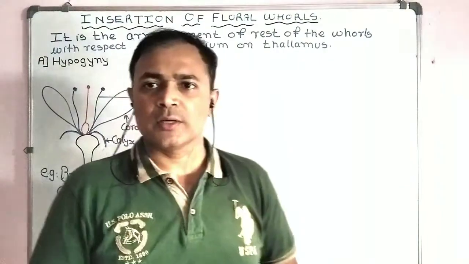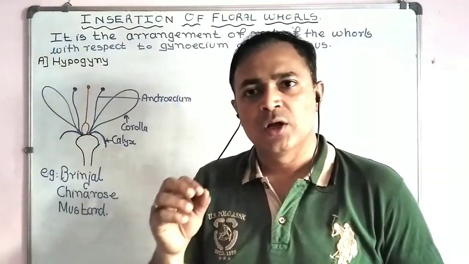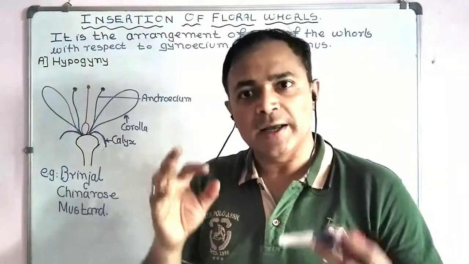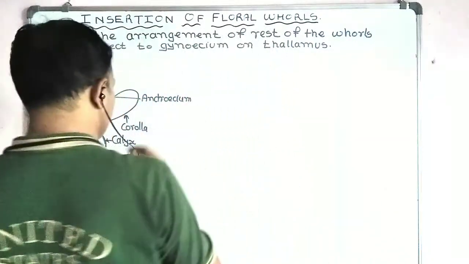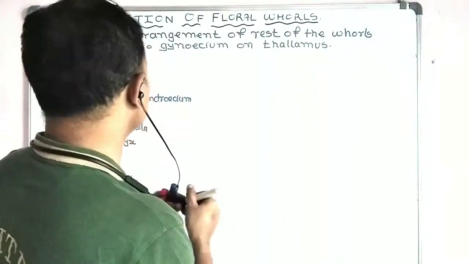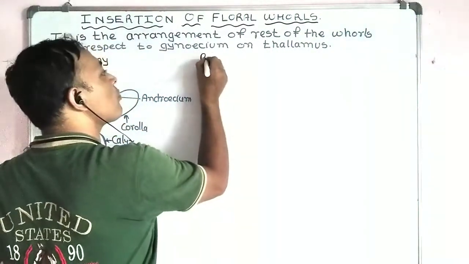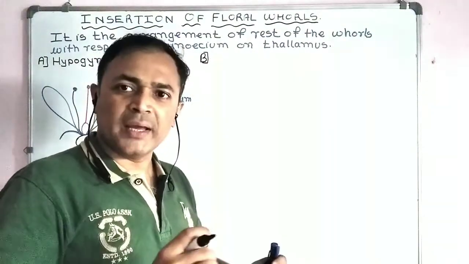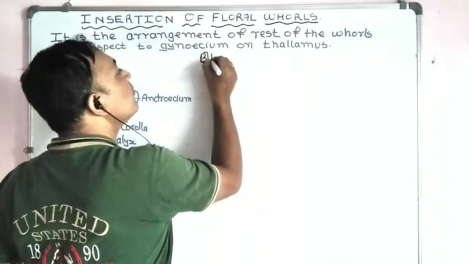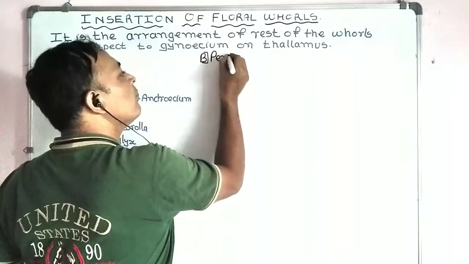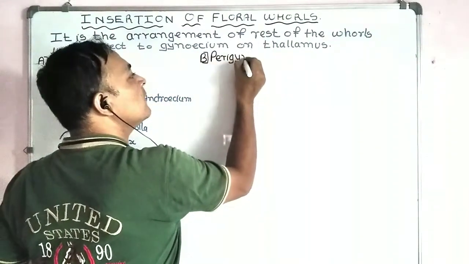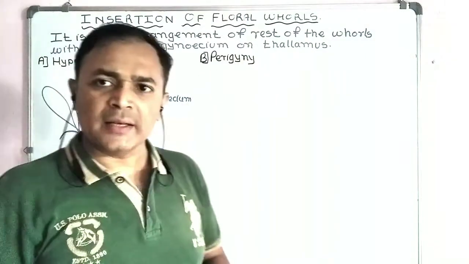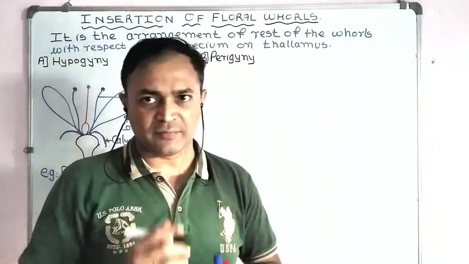Now let us talk about the second type of floral whorl arrangement, and that is called perigyny. Peri means at the periphery.